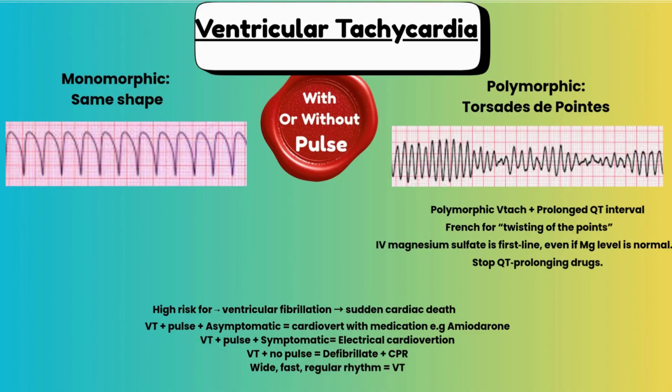And if the patient has low magnesium, you probably want to replace the magnesium to take them off of that Torsades de pointes. If the patient has a pulse but is symptomatic, their blood pressure is dropping, they feel funny, shortness of breath, we're probably going to do synchronized cardioversion.